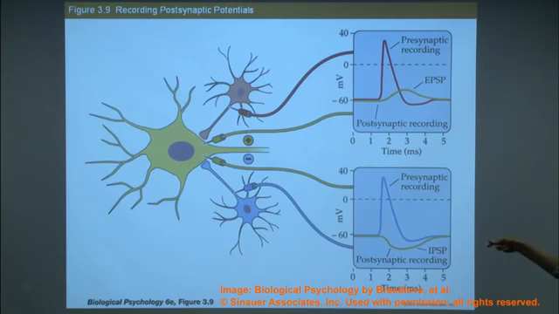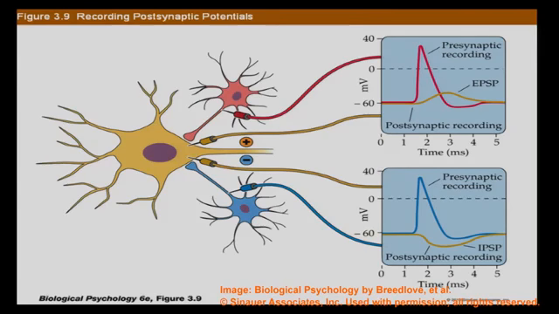Now, I wish this was a little bit farther out. I want to make this clear. This is not recording at the node of Ranvier. This is just recording from a cell body part of the input structure. And what does the EPSP look like? It looks like a small depolarization, okay? Not an action potential, it's just a small depolarization. Why? Because there's not that many sodium channels there to stimulate. So you open them, but there's a few of them, so you get a little bit of a depolarization.